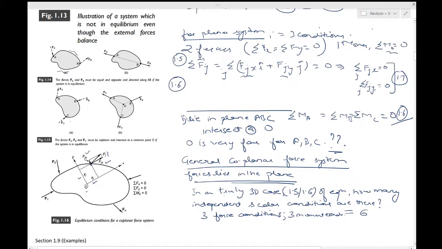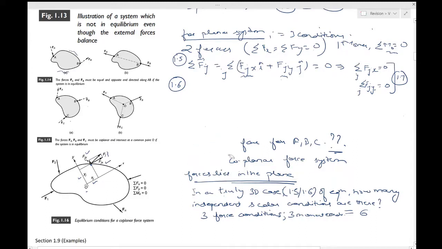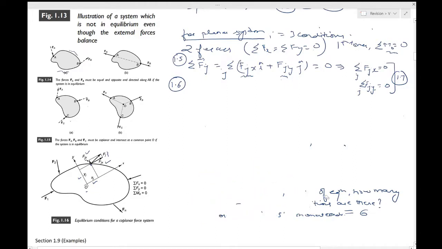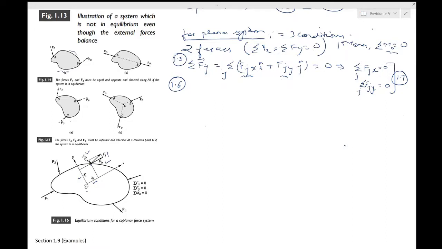Okay, let me just remove this. So 1.6 is essentially the total moment about O should vanish due to all the external forces. So that would mean that you have a summation over j of Rj cross Fj.